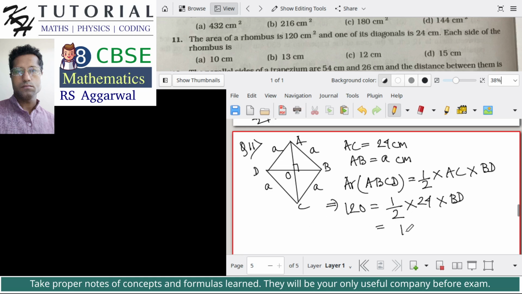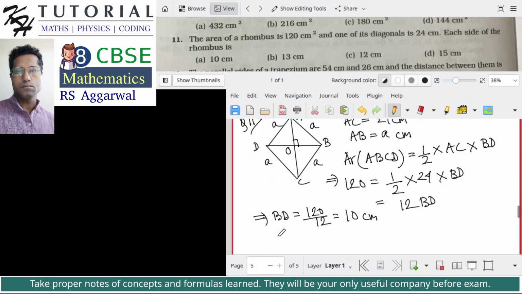This is equal to 12 BD. So BD is equal to 120 by 12, which is 10. So BD is 10 centimeter. So if BD is 10 centimeter, OB will be equal to half of BD, which is 10 by 2 centimeter, which is equal to 5 centimeter.